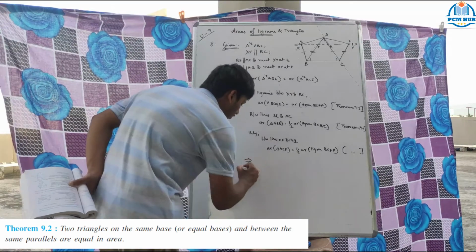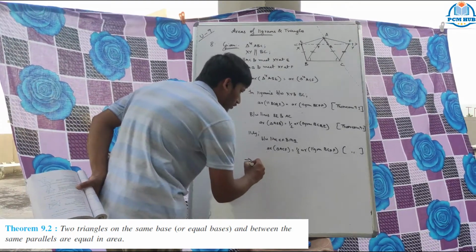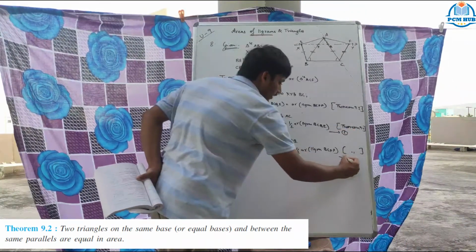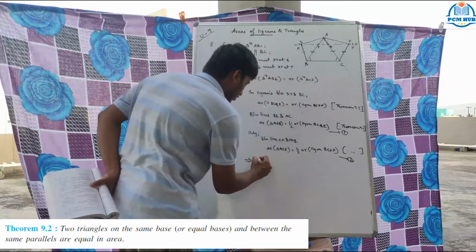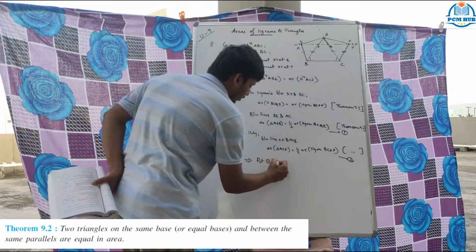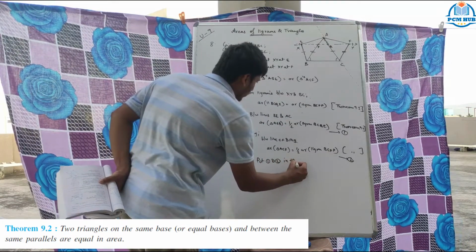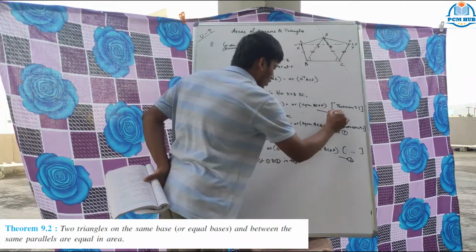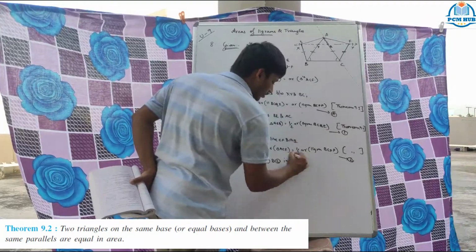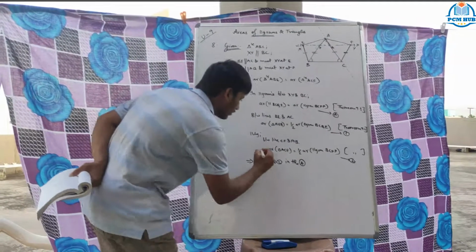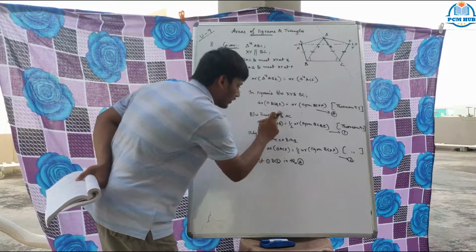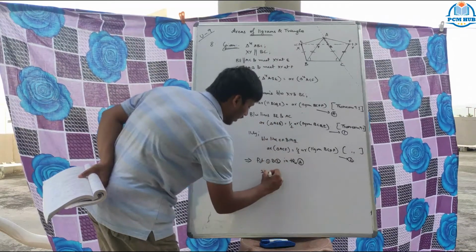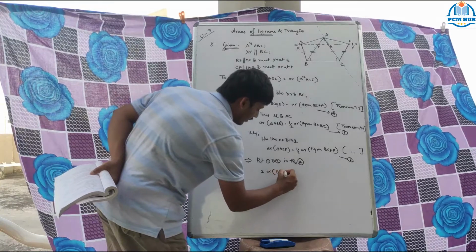Next, I'm taking this as 1 and this as 2. Put 1 and 2 in the area. Now area of BCQE will be represented by 2 times area of triangle AEB.